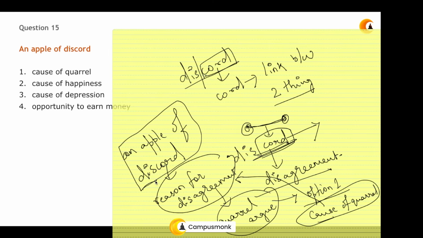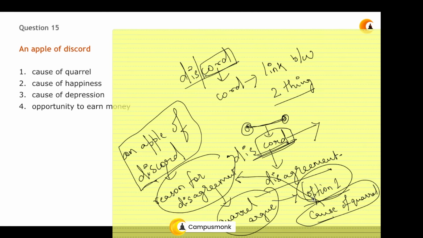Alright, your answer is in option number 1. See, cause of happiness it can't be because that is a point of disagreement. Cause of depression, no, it's a disagreement. Why will disagreement lead to depression? Until and unless that is that serious that you have taken it so deeply, it's not a cause of depression. So discord means disagreement, and it will not lead you to depression.